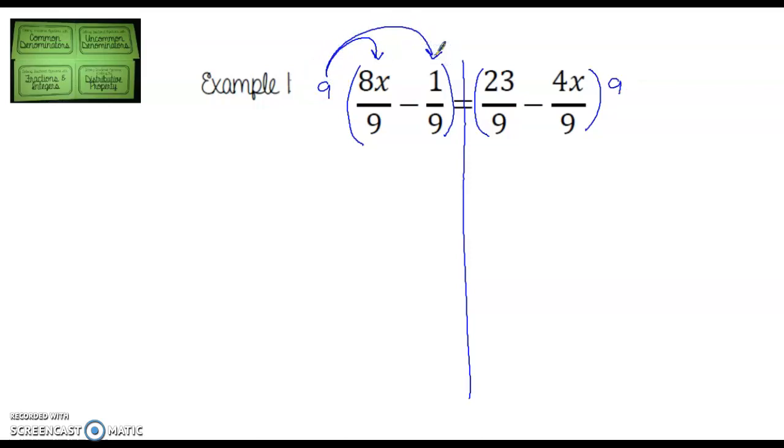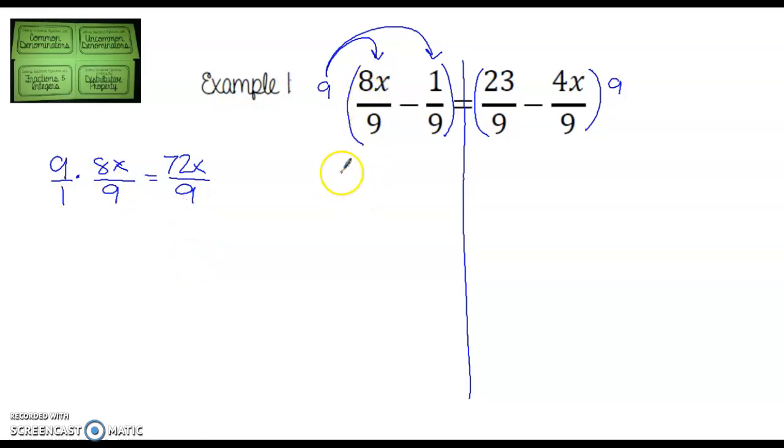So what we're doing here is we're multiplying 9 times 8x over 9, right? Or 9 over 1. Multiply straight across. 9 times 8 is 72x. 1 times 9 is 9.